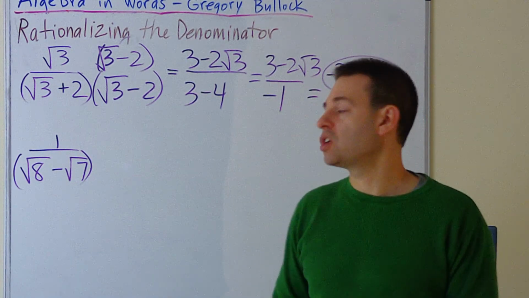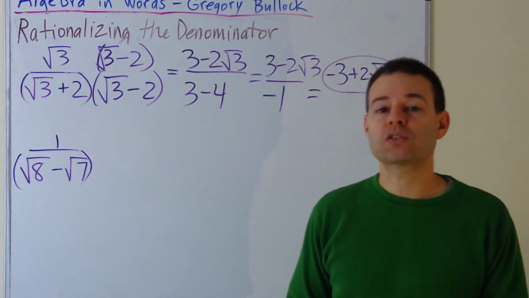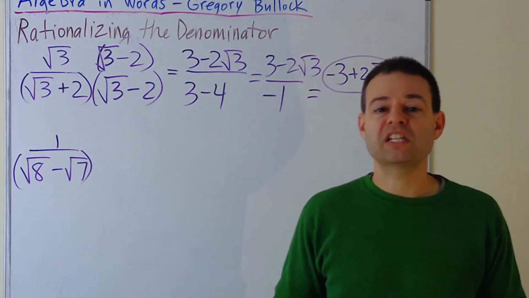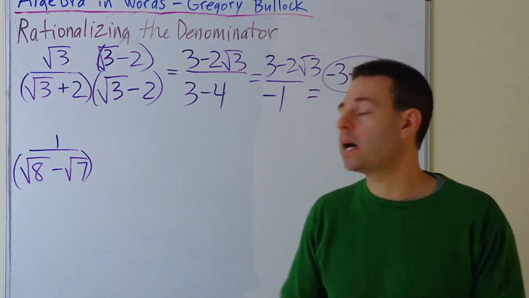And what is the conjugate of square root of 8 minus square root of 7? It's square root of 8 plus square root of 7. So let's multiply that times the top and the bottom.